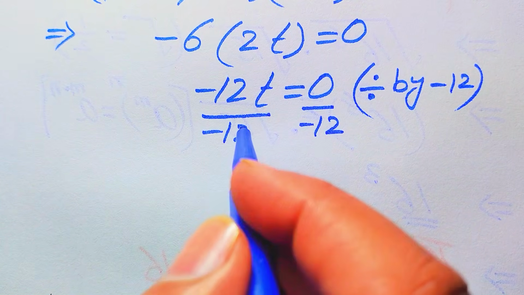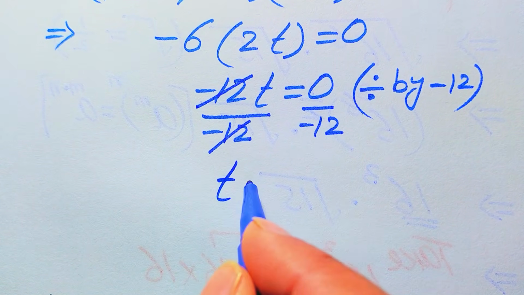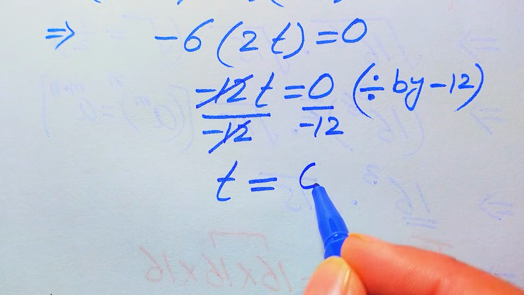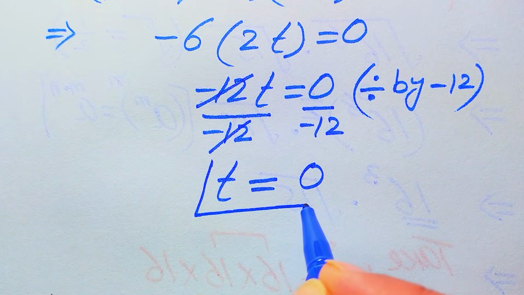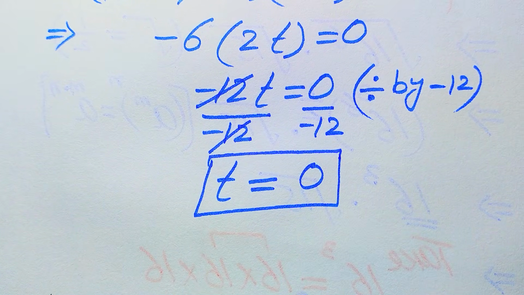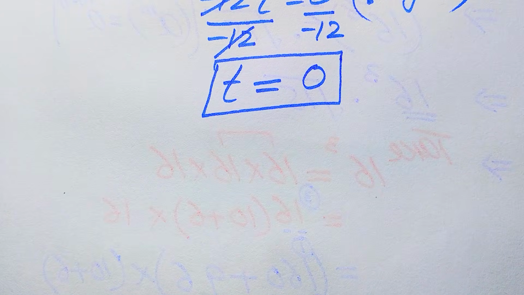After a little simplification, the minus 12 and minus 12 are gone, and we get t is equal to 0 divided by minus 12, equal to 0, because we know that when we divide 0 by any other number it remains 0. So in the first method we get only one value of t, and that is equal to 0.